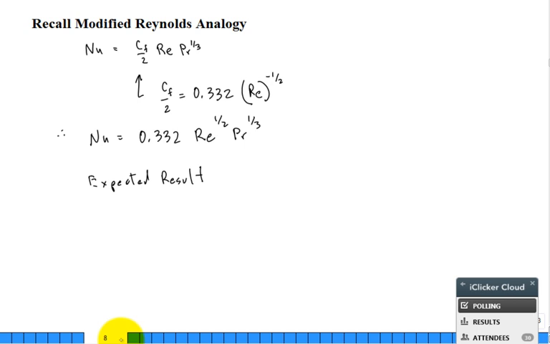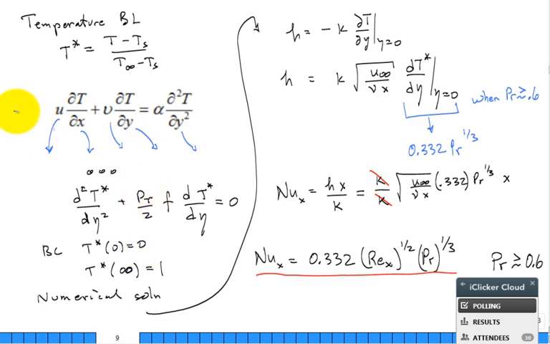All right. Now, you can use the modified Reynolds analogy because we just worked out what c sub f over 2 is, didn't we? It's 0.332 over the square root of Reynolds number. You stick it in, and now you have an equation for the Nusselt number, 0.332 Reynolds to the half, Prandtl to the 1/3. That's your expected result, and it agrees with the more tedious approach, where you introduce the energy equation.